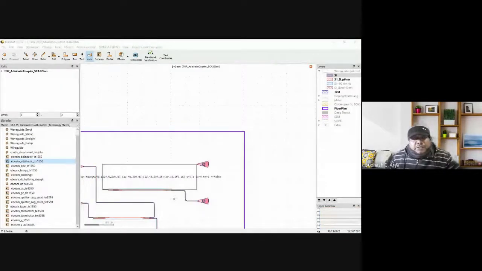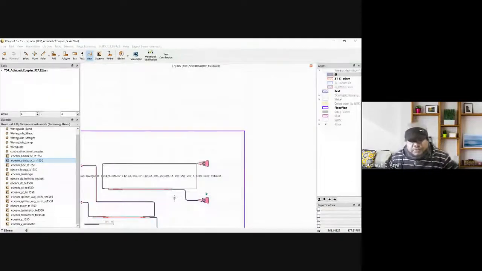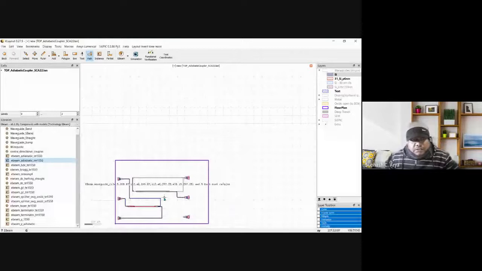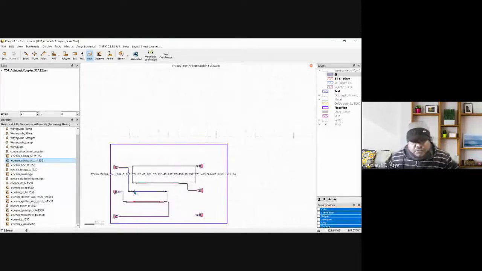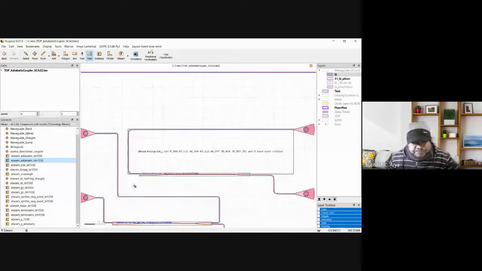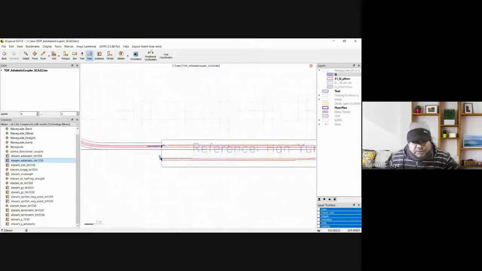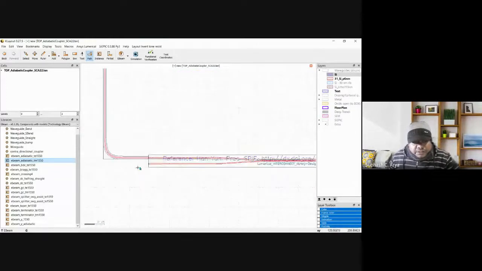Then property radius. Radius should be 10. If it is okay, it will not give a warning, otherwise it should give a warning. So now another output which I will consider here.